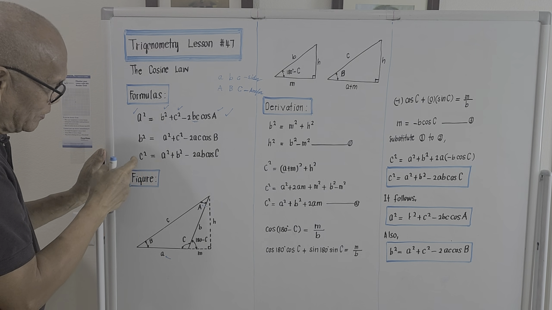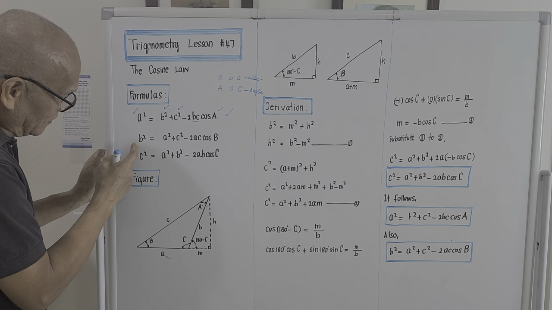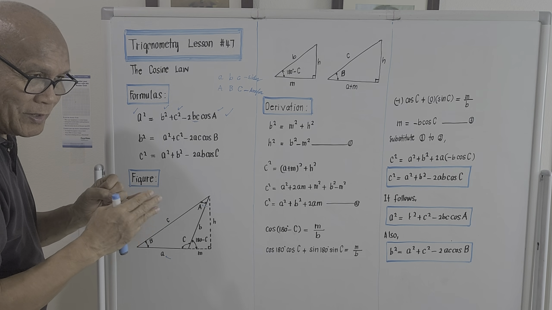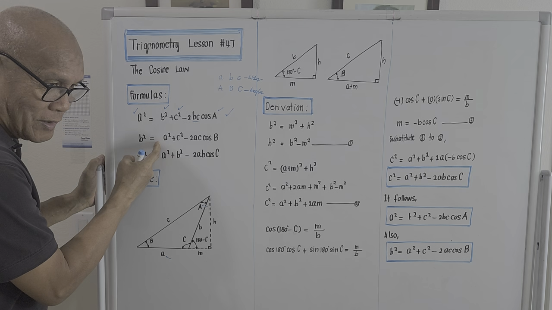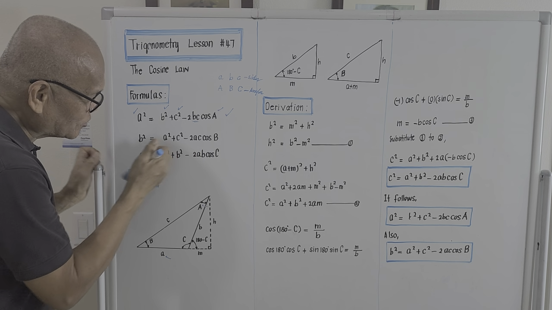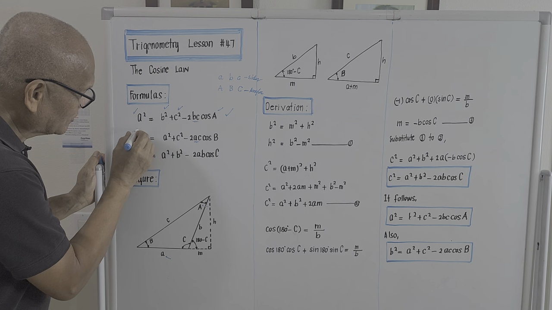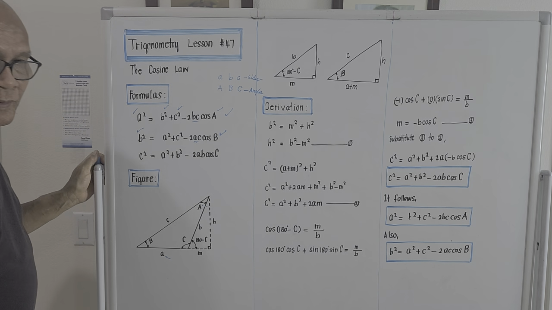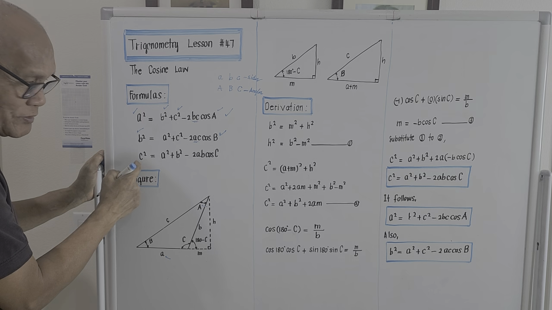The next one will be B square should be equal to, if the left hand side is B, of course the right hand side will be in terms of A and C, right? So this should be A square plus C square. This is A and C, so this is minus 2AC. Okay, and since this is side B, this should be angle B. The third one, the left hand side is C square.